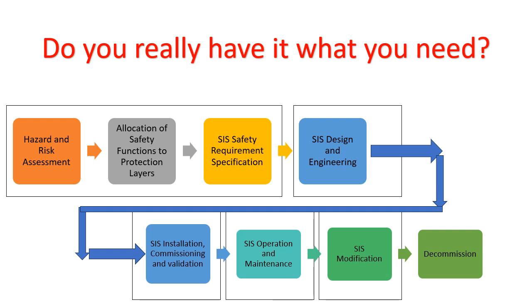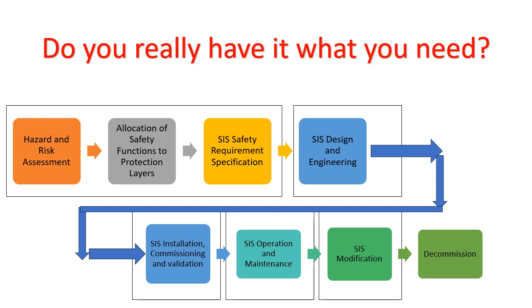We have gone through the whole process of the functional safety life cycle, starting from hazard and risk assessment to installation, operation and maintenance, and maybe modification and decommissioning afterwards. But do we really have everything that we discussed as a requirement?